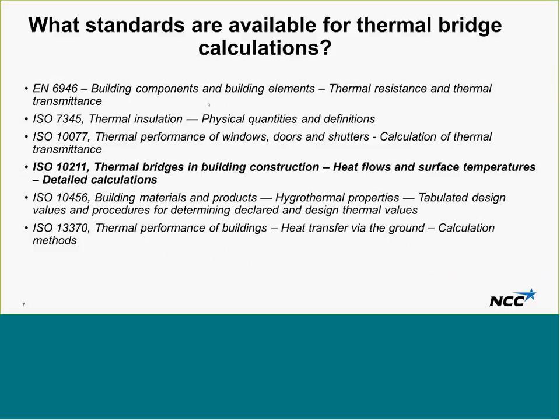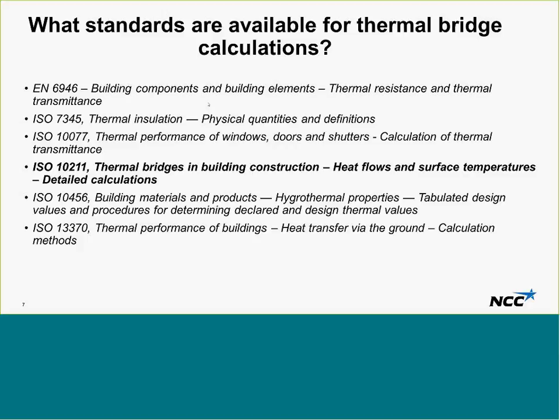So we have a number of different ones, EN 6946, that looks at thermal resistance and thermal transmittance, different material layers and properties. That's quite a useful one. I'm going to show you a little bit later how, especially when dealing with the air layers.